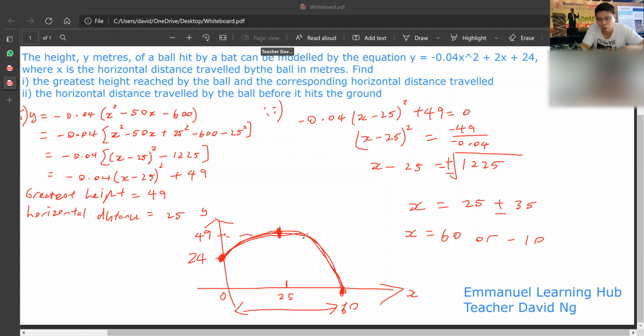Then sometimes the question is phrased this way, you may not understand what it is asking. So sometimes the question will say sketch the path that the ball traveled. So they're actually asking you to sketch the graph. You need to know what they're asking. The question may not say explicitly sketch the graph.